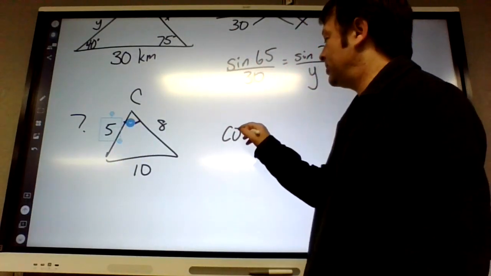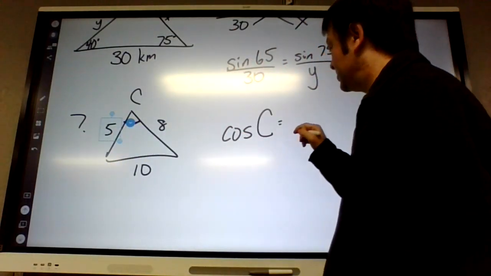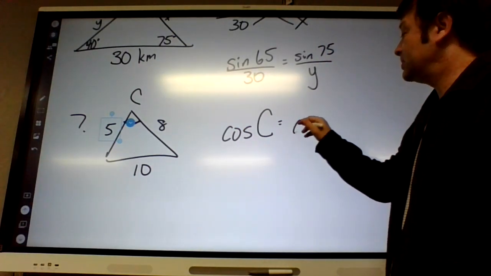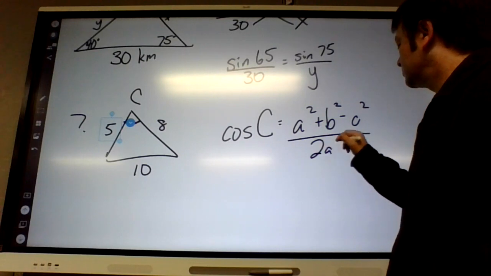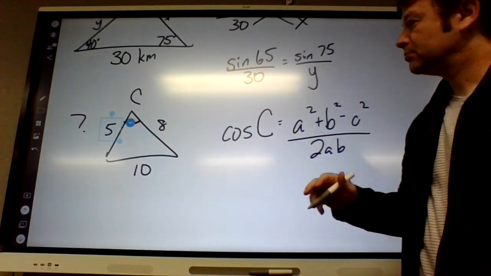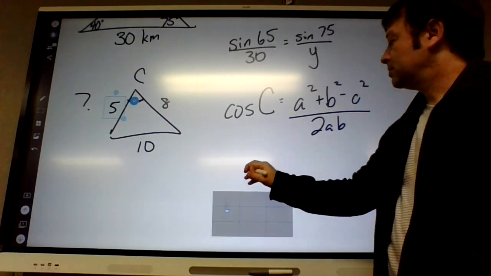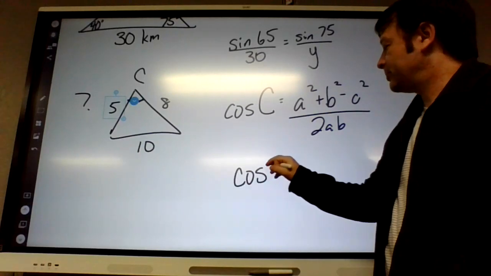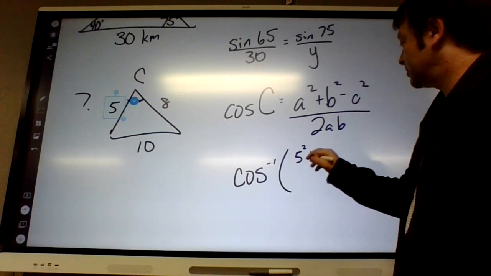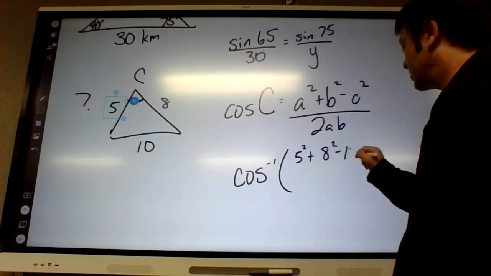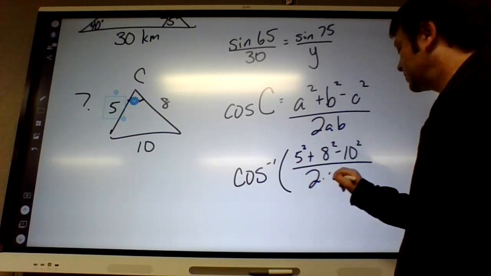I'm not going to make you guys remember this formula, but you do have to use it. Cosine of C, plus b squared minus something. So that means we have to do cosine inverse of that stuff.